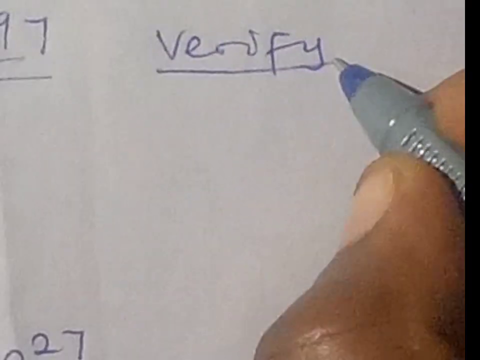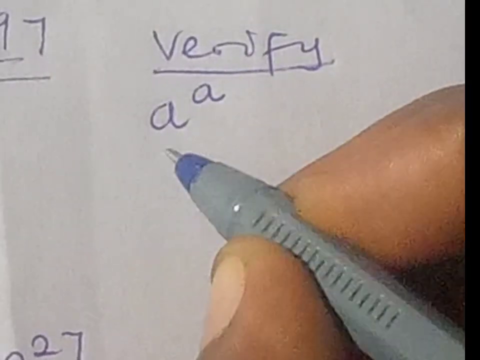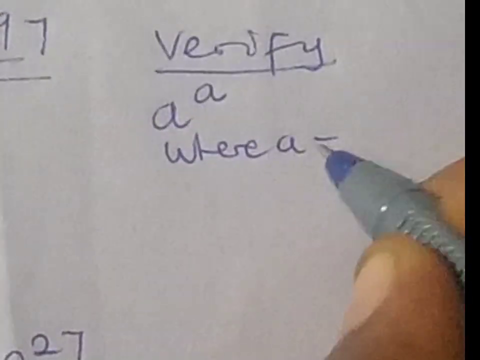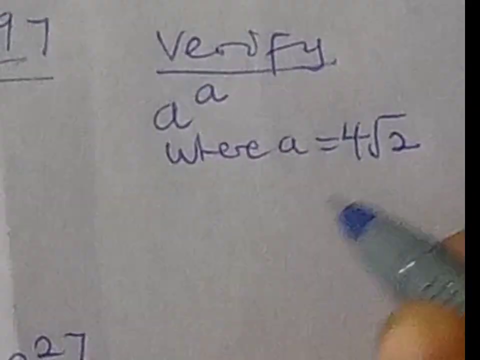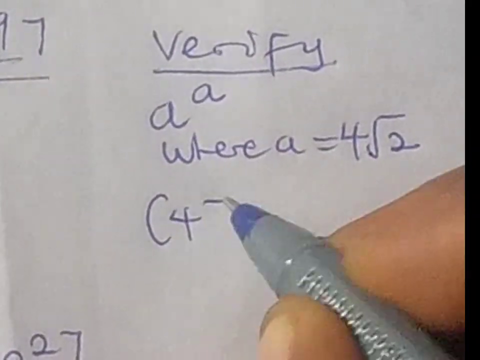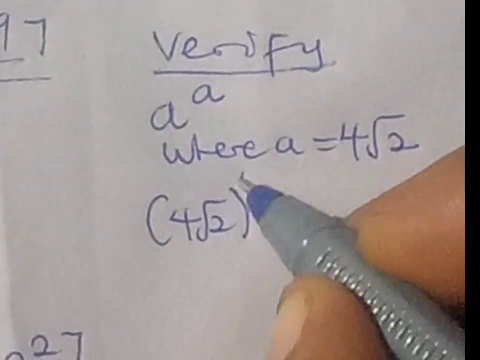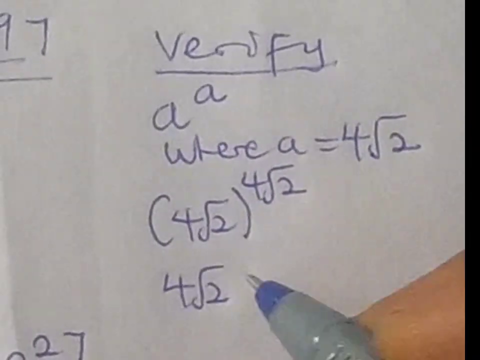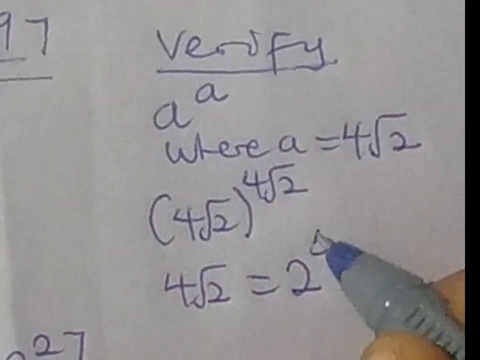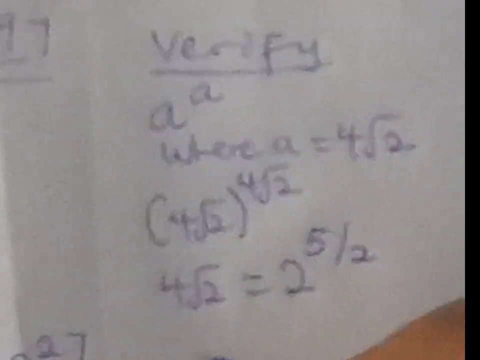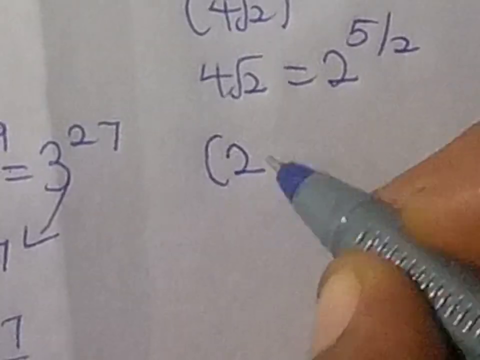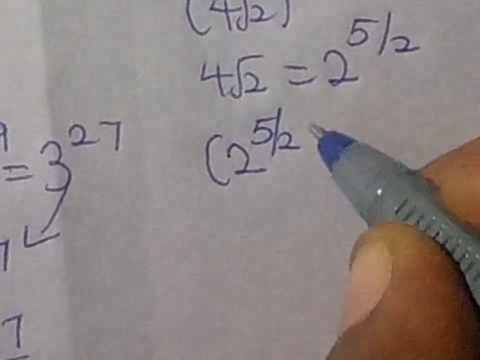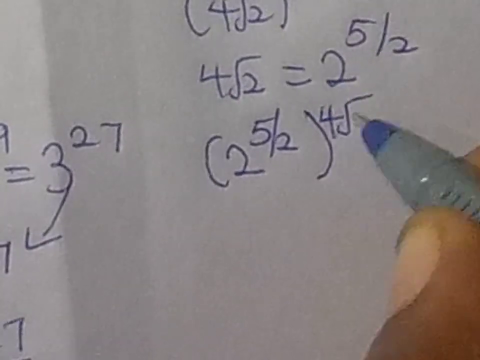Now let's verify. On the left side, our equation says a raised to the power of a, where our a equals 4 root 2. So we have 4 root 2 raised to the power of 4 root 2. Since 4 root 2 equals 2 raised to the power of 5 over 2, that means we have 2 raised to the power of 5 over 2, to the power of 4 root 2.